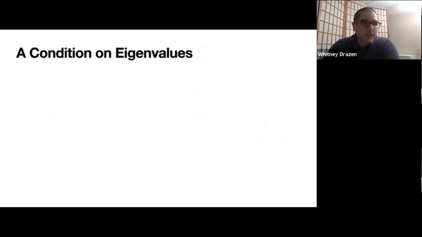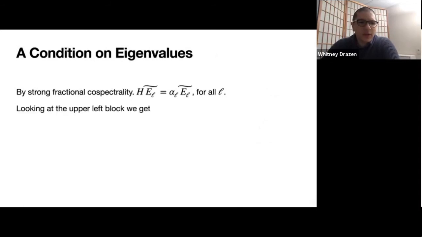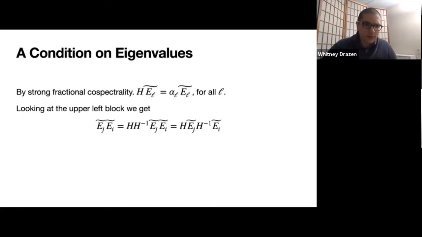All right, so what exactly is the condition on the eigenvalues? The condition on the eigenvalues is going to say that we need restrictions that project to the same eigenspace of H to have the same eigenvalue.